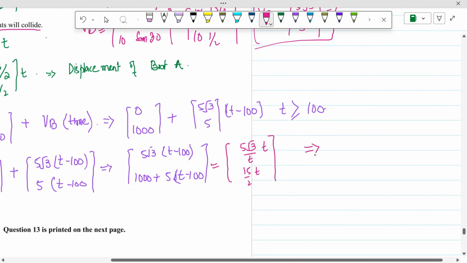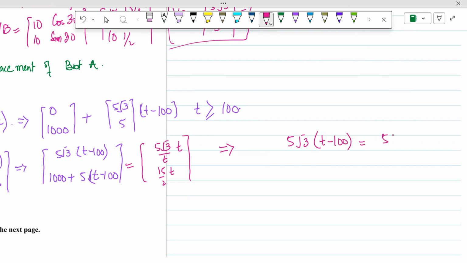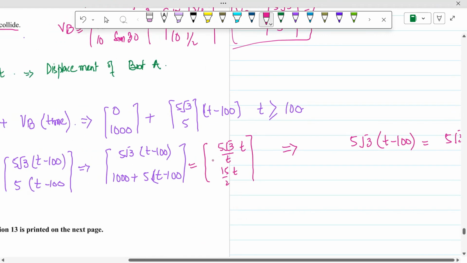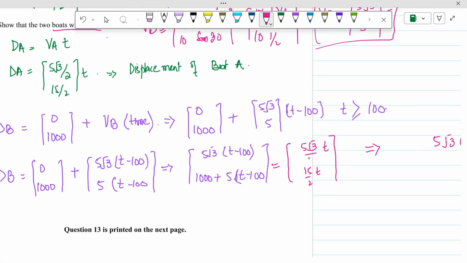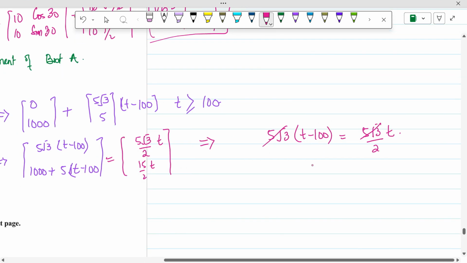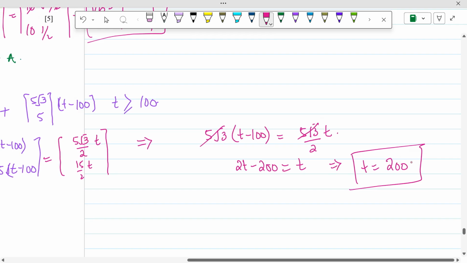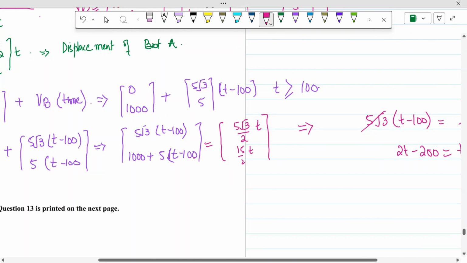Comparing the x component, we have 5√3(t − 100) equals 5√3/2 times t. After cross multiplying, we have 2t − 200 equals t, and solving further, t equals 200. So after 200 seconds they will collide with each other.